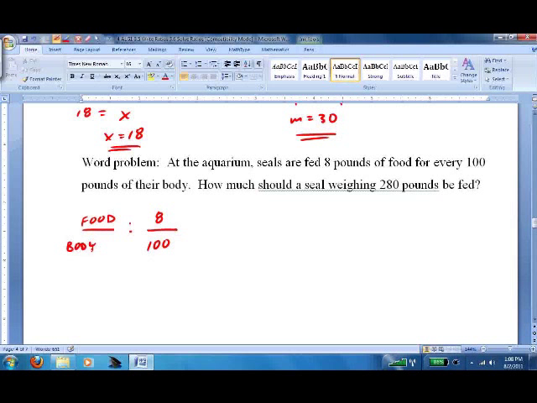That is, by the way, why pencils have erasers. And if the seal weighs 280 pounds, put the variable up here. What do we get? I'm not even going to cross multiply. I think it's just easier to do it this way. Cancel, cancel. One of the zeros cancels. 10 goes 5, goes 4.